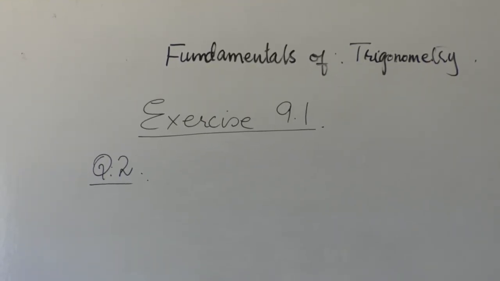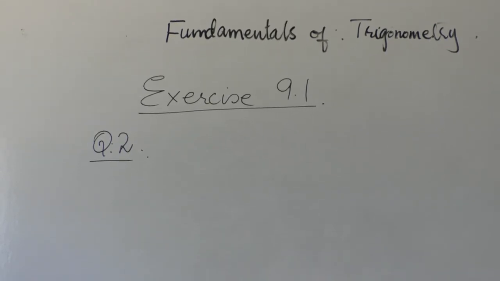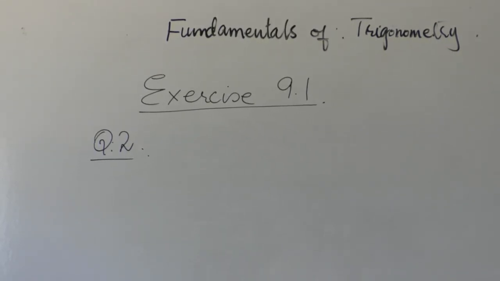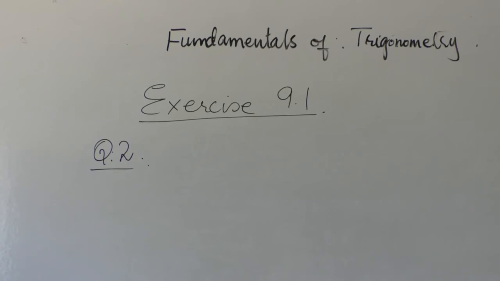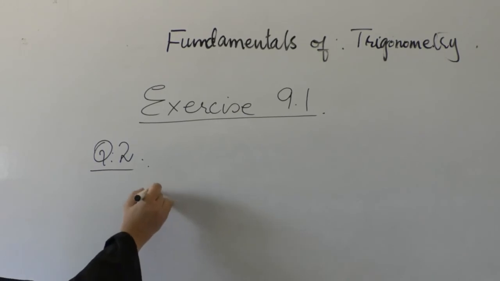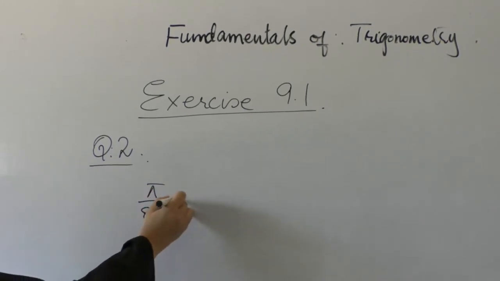Here we need to convert the radian measures of angles into the measures of sexagesimal system, means degree, minutes, seconds. Our first part is pi by 8. This is in terms of radian.